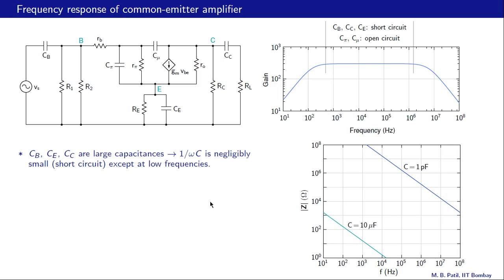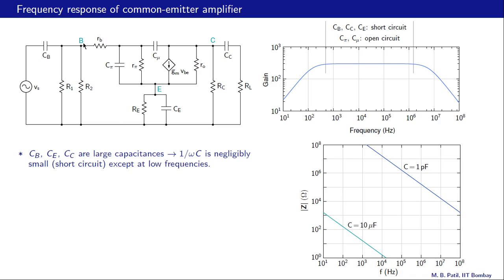What happens then is the following. For example, let's consider CB. In this range, when the frequency is high enough, CB is like a short circuit, and therefore this Vs appears across the amplifier as such. Now when the frequency is low, for example if we are in this region, the frequency could be 100 Hertz or 10 Hertz, and the impedance presented by CB may then be in the kilo ohms range.